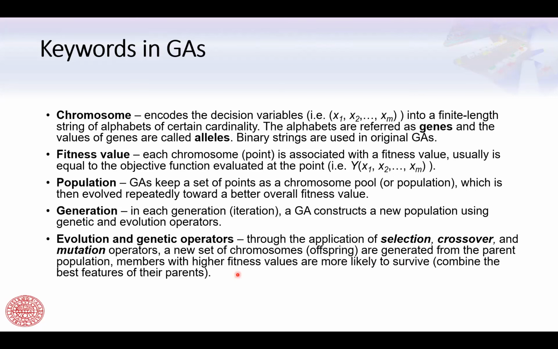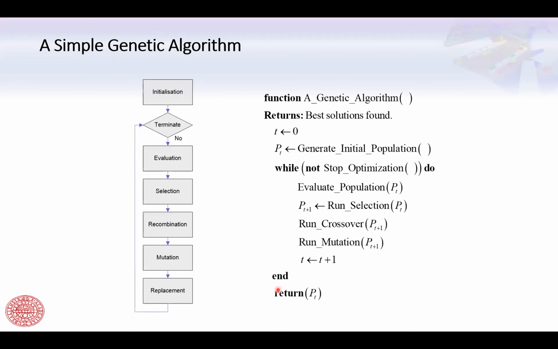The whole idea is how you can make the fitness value higher, so that it is easier to survive, in biological terms, and in our terms that means we are nearer to the optimal. So how do you combine the best features of the parents to get a higher fitness value? In plain English, this is how the algorithm works. But of course, we shouldn't just look at plain English. We can look at some pseudocode.